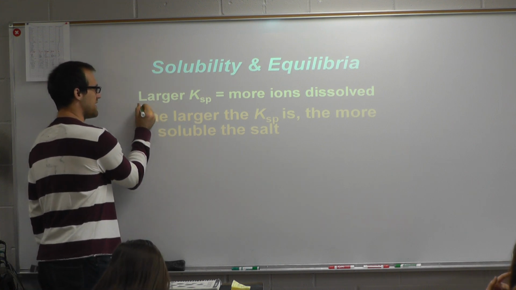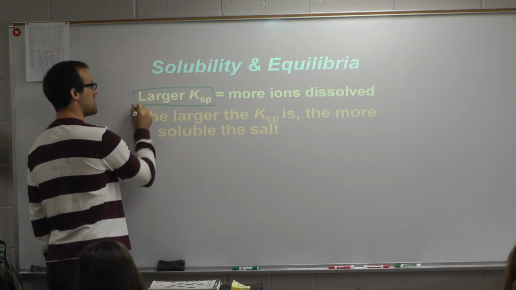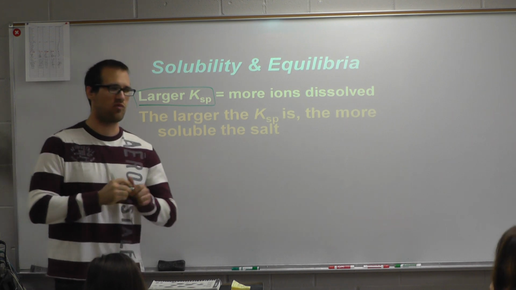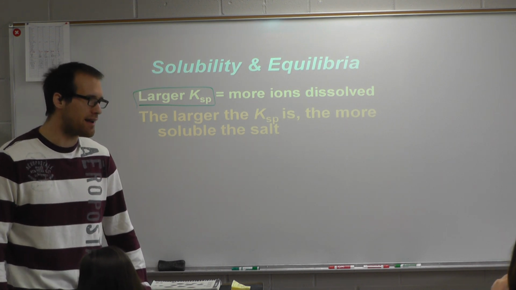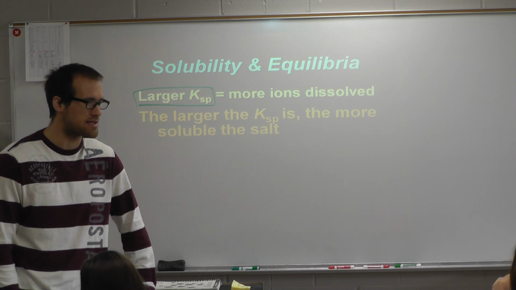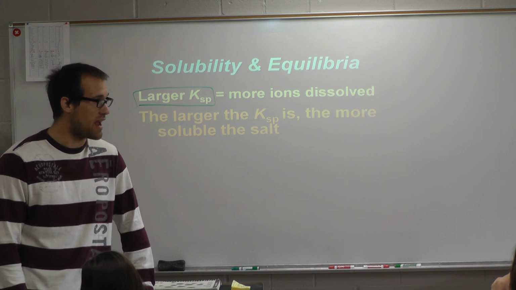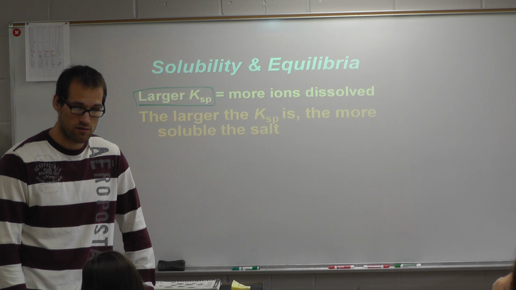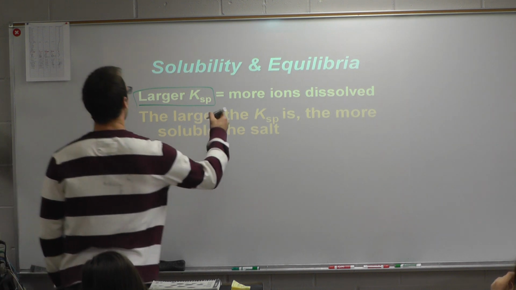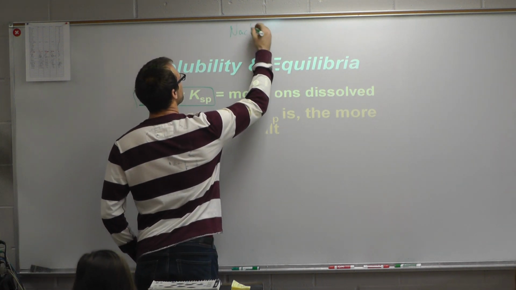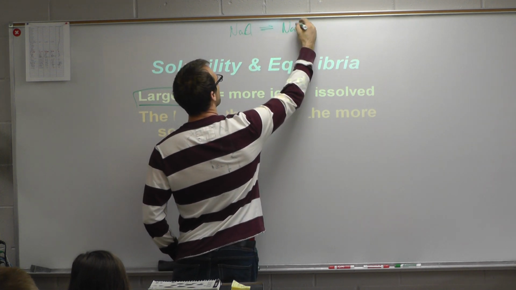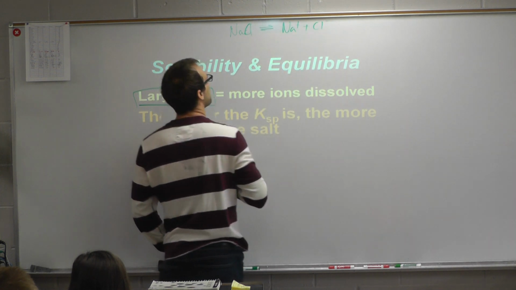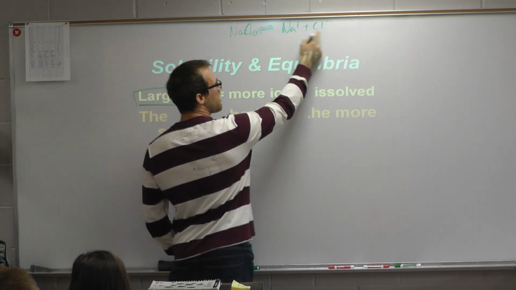This should make sense. Didn't we say that when you have a K value greater than 1, what did that tell you? Products favored. Well, what's the product of a dissolving process? More dissolved. More ions in solution, right? If I have this equation, this is our solid and these are our aqueous ions.